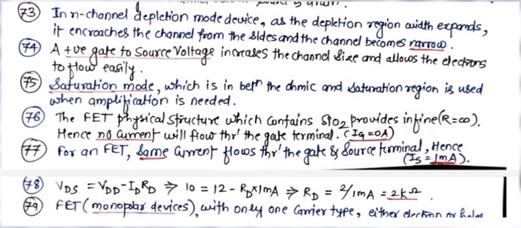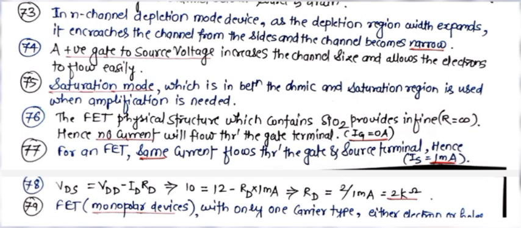A positive gate to source voltage increases the channel size and allows the electrons to flow easily. Saturation mode, which is between the ohmic and cutoff regions, is used when amplification is needed.